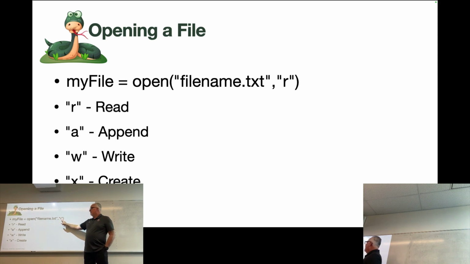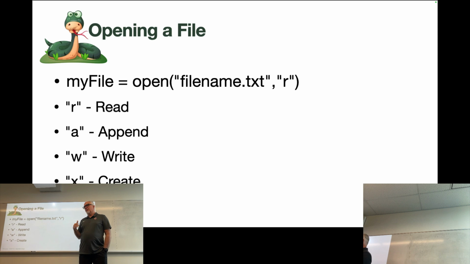The other parameter for this function is a short string that is called a flag. And what the flag does is it tells it what we're going to do with the file. And what we do with the file will dictate a few things.